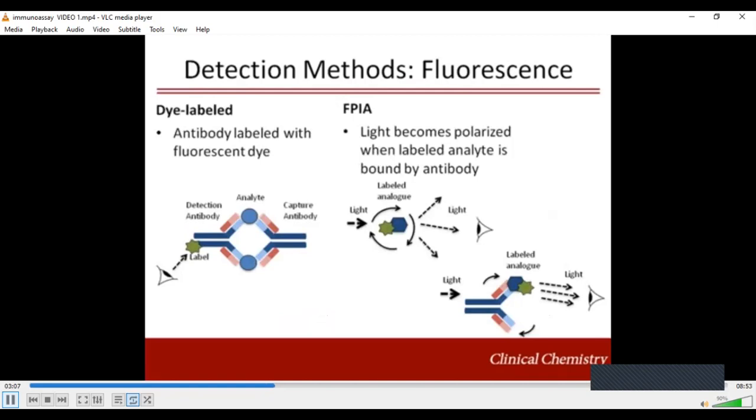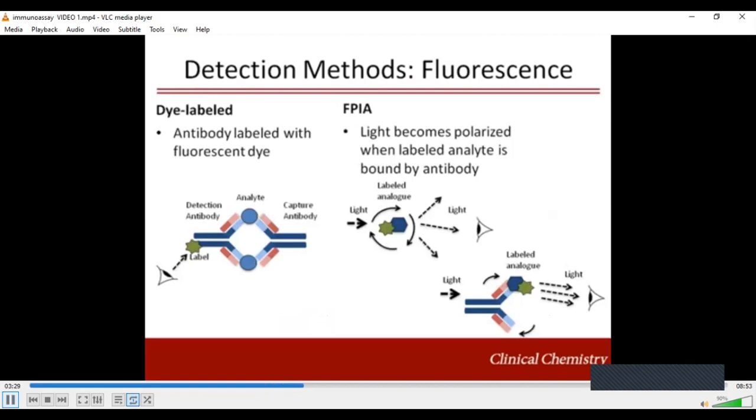For final detection, a wide variety of immunoassay detection methods are currently used in the clinical laboratory, including fluorescence, chemiluminescence, radioactivity, and enzyme-based detection. Fluorescence detection uses a dye-labeled antibody directed against an analyte of interest with the amount of detected fluorescence proportional to the amount of analyte in the sample.